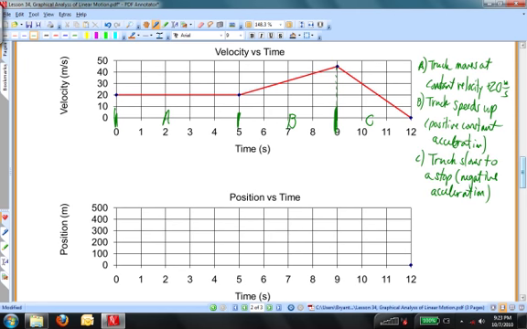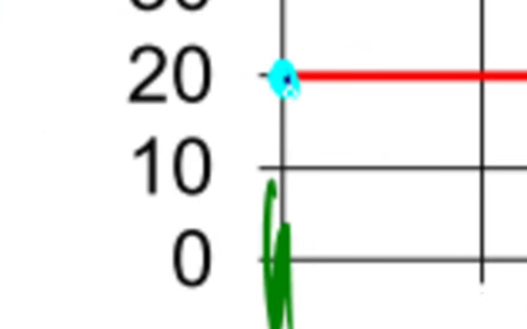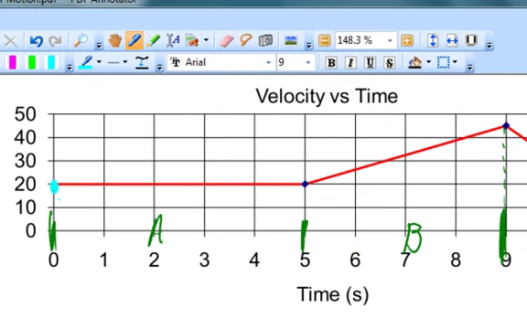Part B asks us to calculate how far the truck moves in the first 9 seconds. And I'll remind you that we can find the displacement by looking at the area that's bounded by this velocity curve. I could draw myself a rectangle whose top starts at plus 20 meters per second and goes all the way over for 9 seconds.